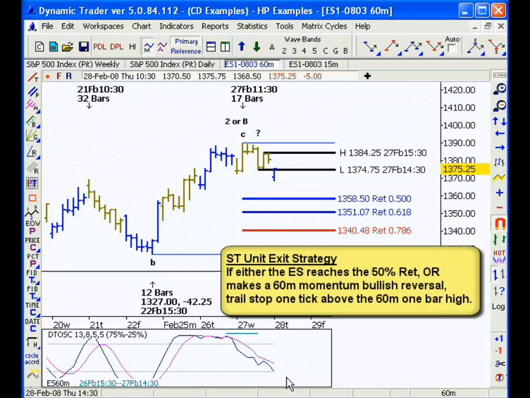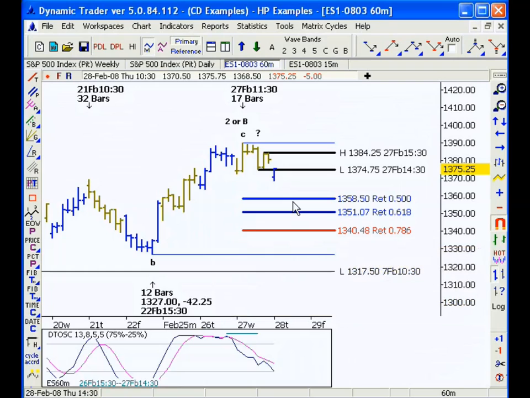We're not going to touch the stop on the second unit just yet. We're going to wait until other conditions have been met. But for right now, if either of those conditions are met, we're going to trail the stop one tick above the 60-minute one-bar high. So let's add some data.